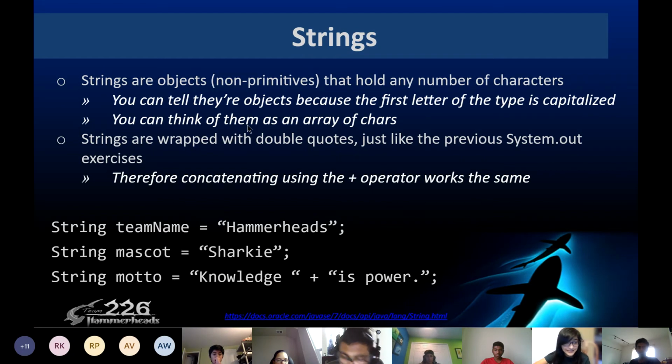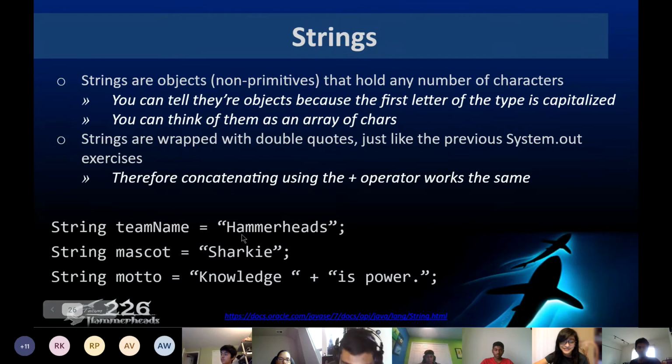You can think of them as an array of characters. Strings are wrapped with double quotes, just like the previous System.out.print exercises. Therefore, if you use the plus operator, you can concatenate strings like we did before.